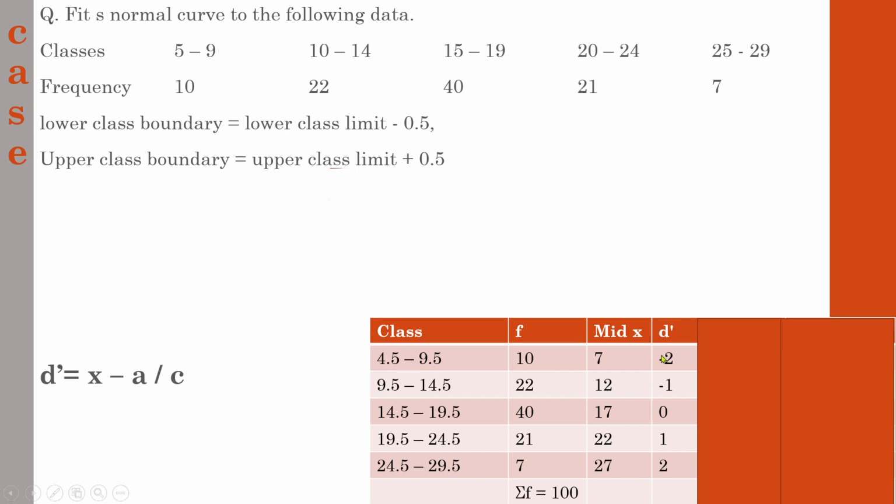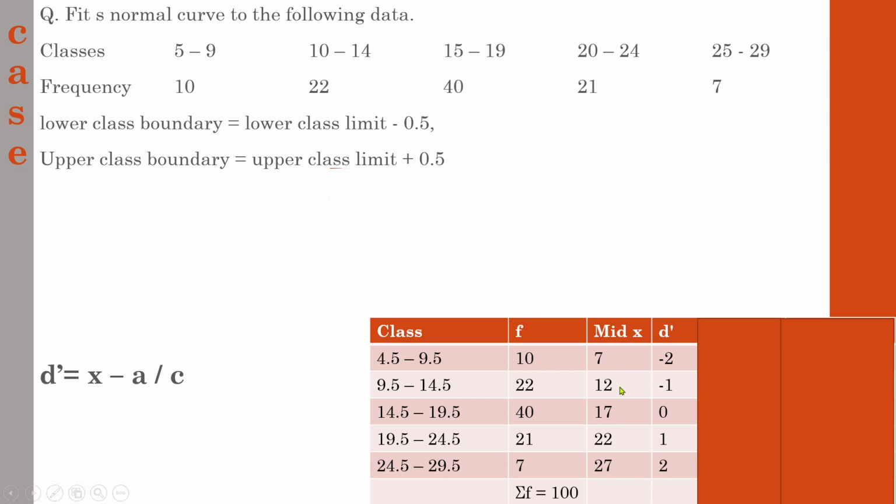So how did I get minus 2? It is the first one, 7 minus my assumed mean, which was 17. A represents assumed mean. So 7 minus 17 divided by 5, I will get minus 2.